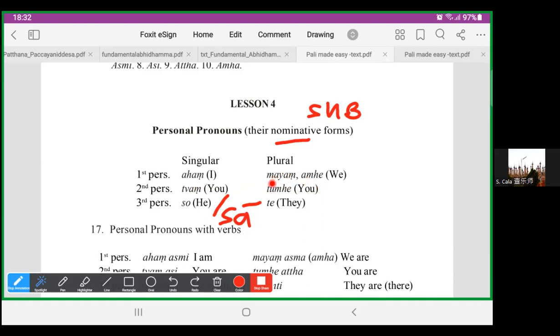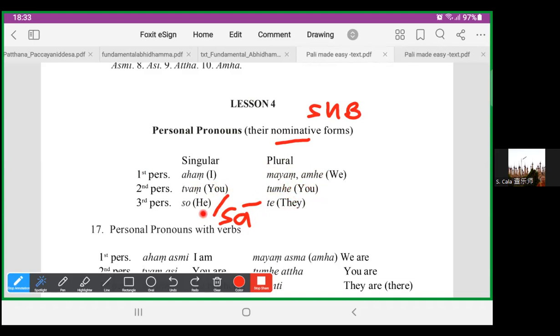Between mayam and amhe, I did a search in the Tipitaka. Mayam is more common. Most of the time, if you just write mayam, it is okay, because amhe is not so common. If you don't write it, it's still okay. So just remember we see mayam most of the time. So sa te tuam tumhe aham mayam amhe.